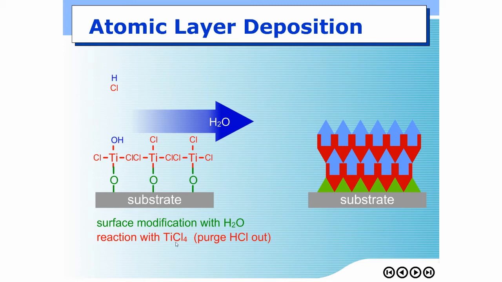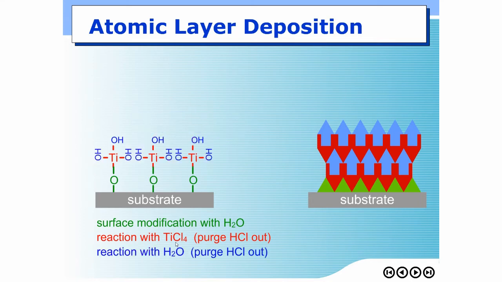So everywhere that you have chlorine, as long as you keep supplying water, you get the chlorine replaced by hydroxyl groups. Okay, so of course you need to purge hydrochloric acid out from the system continuously, so that you can form hydroxyl groups on all of the arms of this titanium.